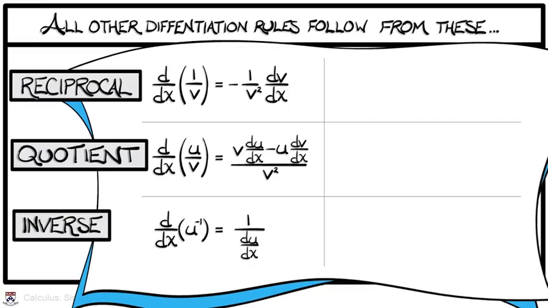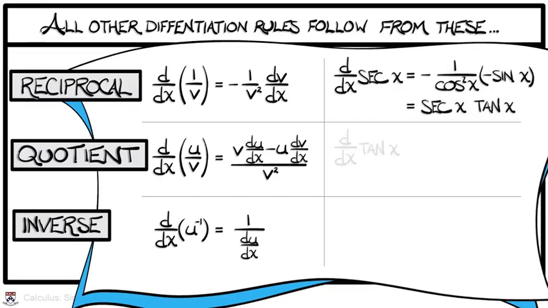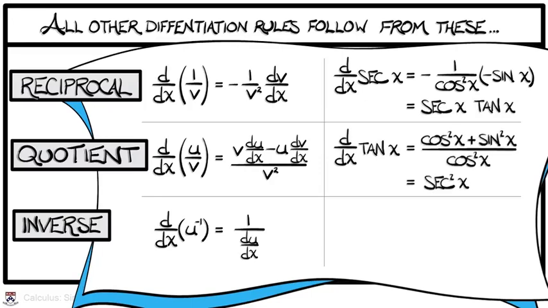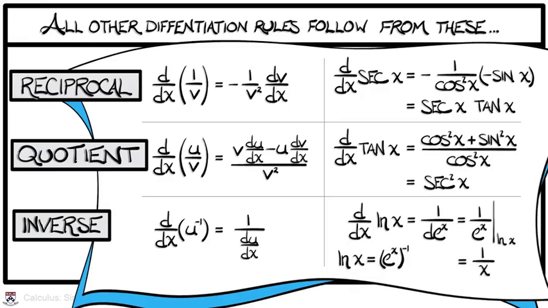If you've not seen them before, then you might want to work through the following examples, such as showing that the derivative of secant is secant times tangent, or that the derivative of tangent is really secant squared, or that the derivative of log of x, that is, the inverse of the exponential function, is in fact 1 over x. I'll leave it to you to take a more careful look at some of these rules and to practice in the homework sets. And so we see the basic rules for differentiation.